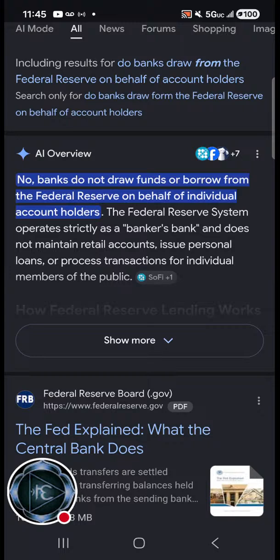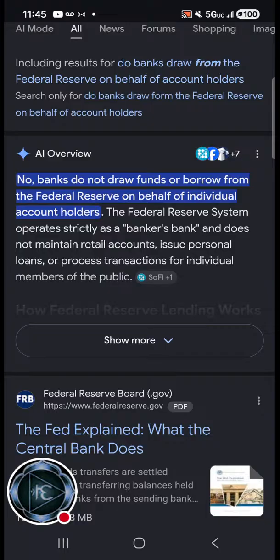So it says the Federal Reserve system operates strictly as a banker's bank and does not issue personal loans.